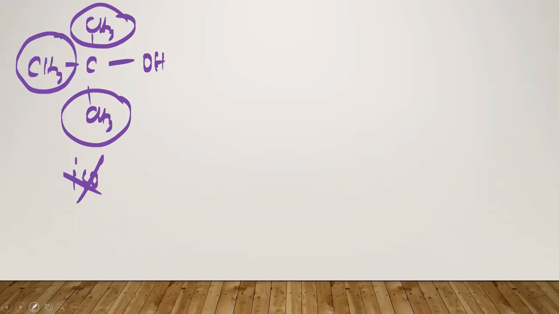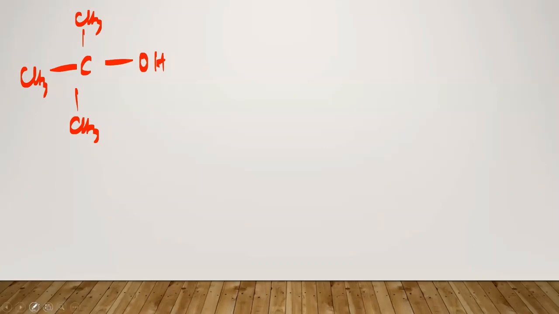So dear friends, then what are we going to do with this problem? Have a look. We know which kind of carbon this is to which the OH group is attached. This carbon is a 3-degree carbon. Once again, I will draw this. The OH group is attached to a 3-degree carbon.